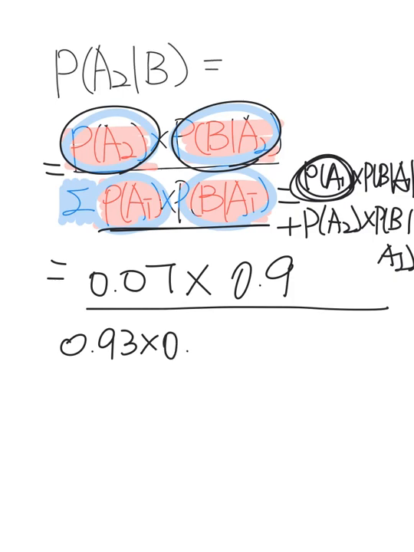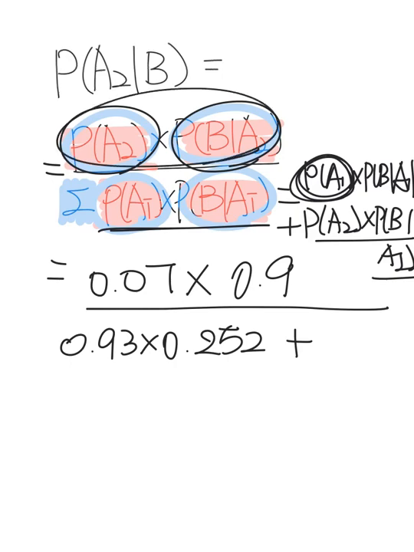Point 252? Okay, thank you, 2, 5, and 2. Add. And the second one is the same as this one. So 0.07 times 0.9.